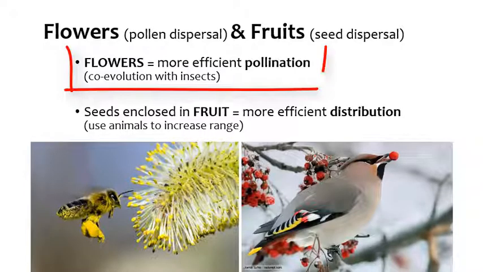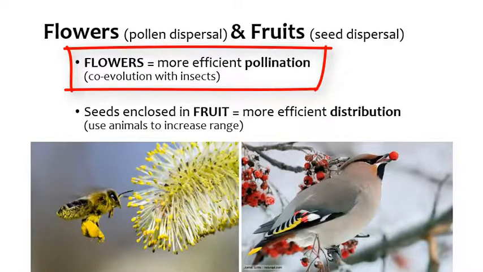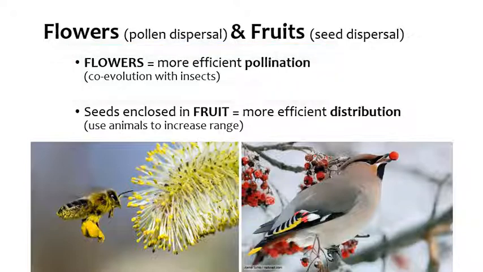It'll transfer the pollen, improving the efficiency of fertilization. They generally don't just rely upon the wind blowing the pollen around. They can produce less pollen by using insects or other animals to transfer their pollen from flower to flower.